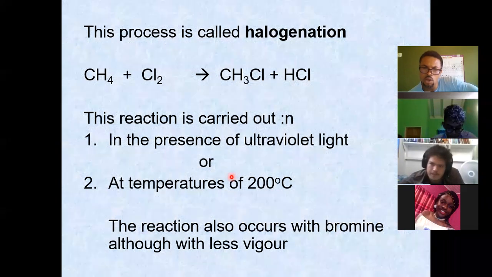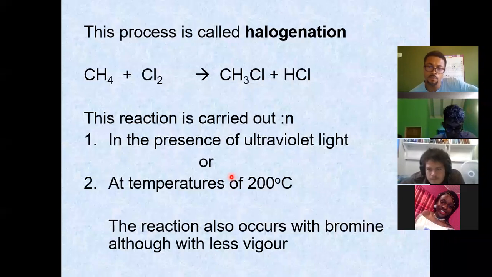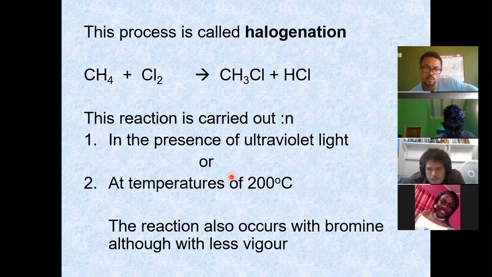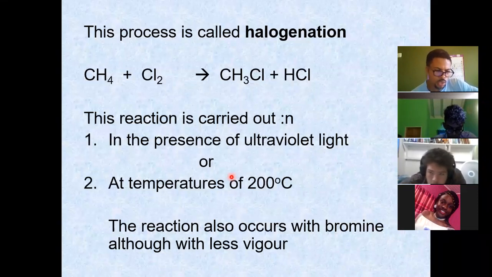So chlorine is the major one that actually carries out the reaction, but fluorine can bond as well, and vigorously too. But the note here is that bromine does not react vigorously.